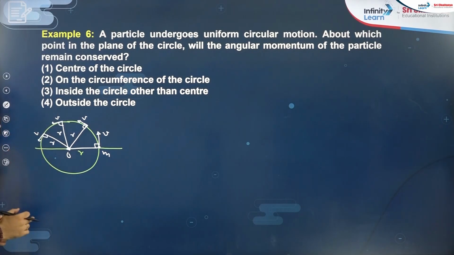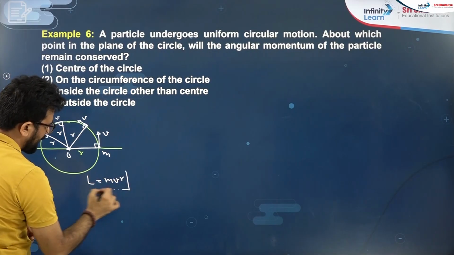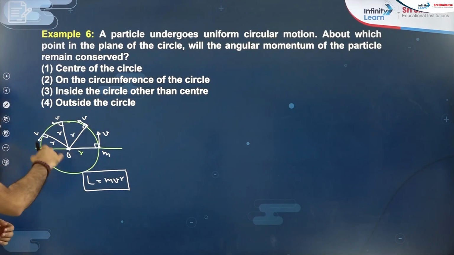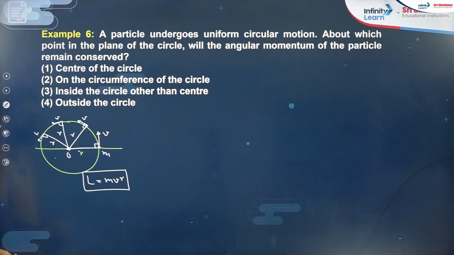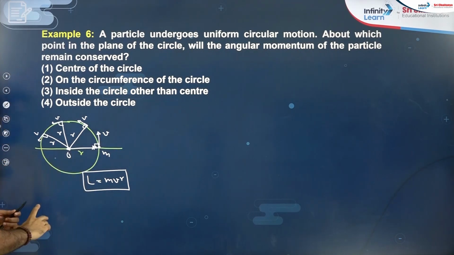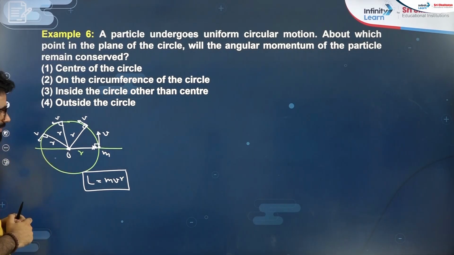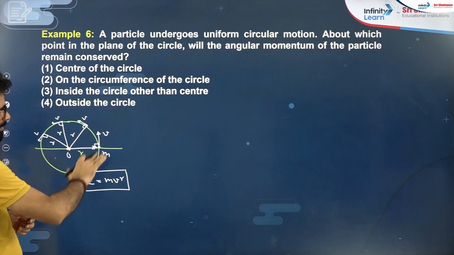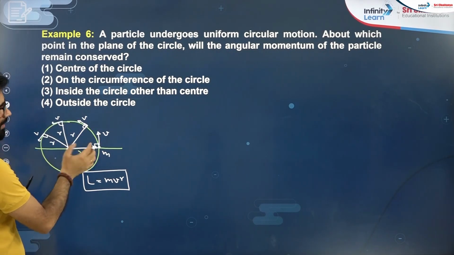So from here we can directly say that the angular momentum would be m into v into r, because all points are perpendicular. That's a constant value. Now we talk about its direction also. Because r and v both are in the same plane, the angular momentum would be perpendicular to this plane. We have just discussed in the previous question that angular momentum would be perpendicular to the r and v plane.